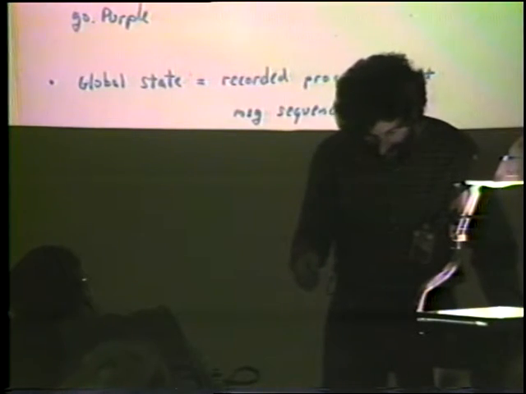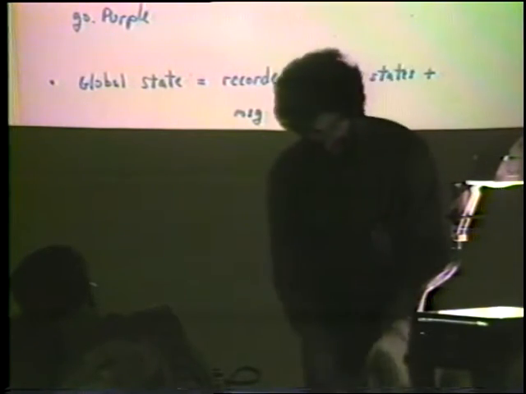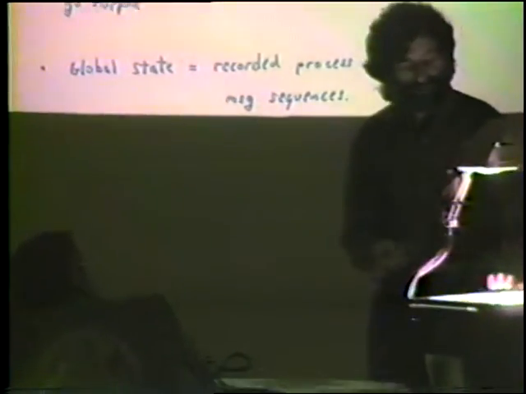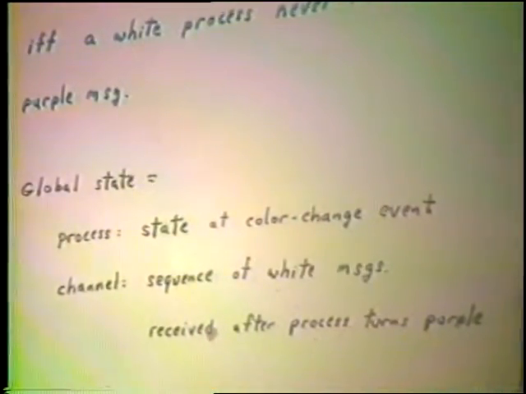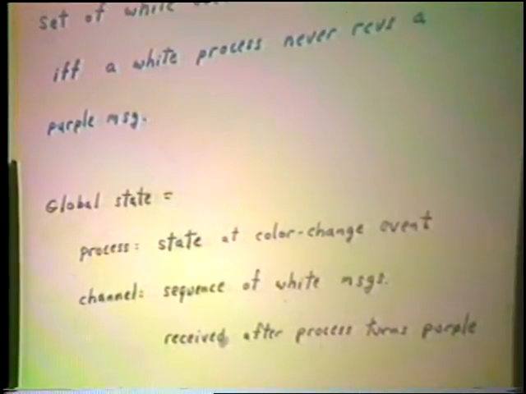And why is that the case? Because, as we saw, the global state was equal to the process state at the color change event. And in fact, that's exactly when the process recorded his own state, when he executed go purple. And the channel state is the sequence of white messages received after the process turns purple.